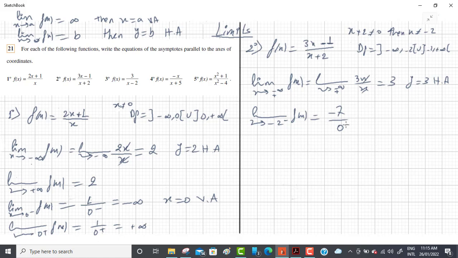Using the sign table of the denominator, you find it's 0 minus. Negative over negative is positive, a number over 0 is infinity. The limit as x tends to minus 2 is infinity, so x equals minus 2 is a vertical asymptote. In the same way, at minus 2 plus, you will obtain minus infinity, and you obtain x equals minus 2 as a vertical asymptote. So these are the first two parts.